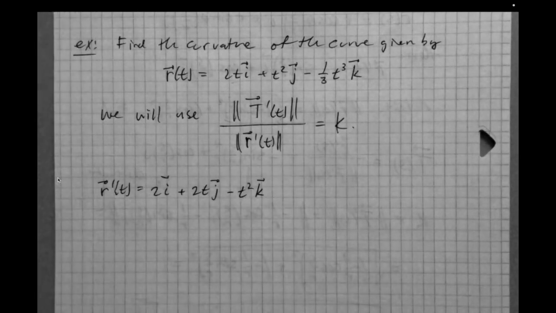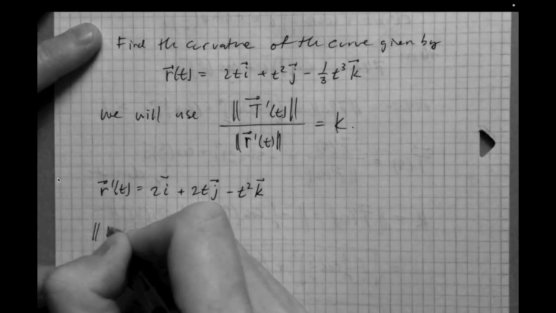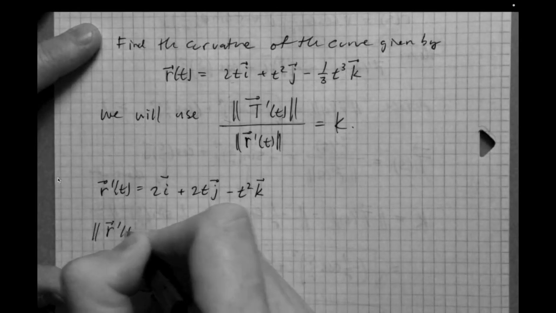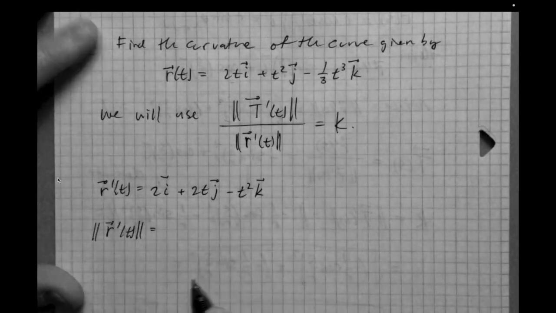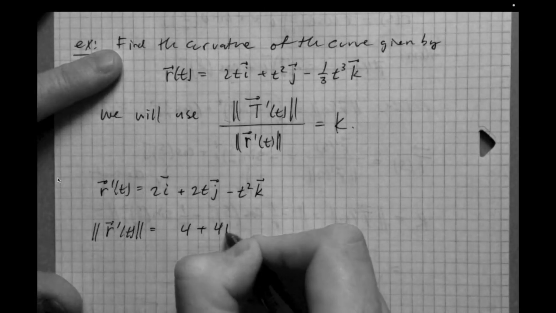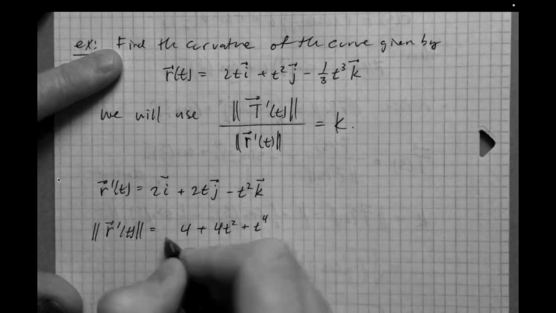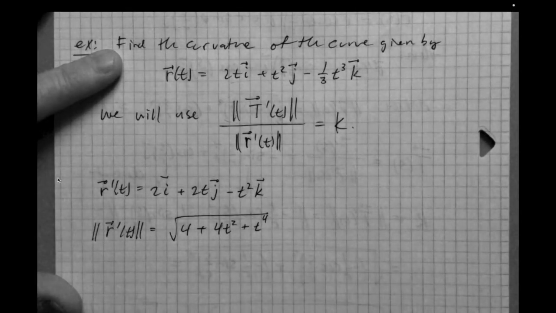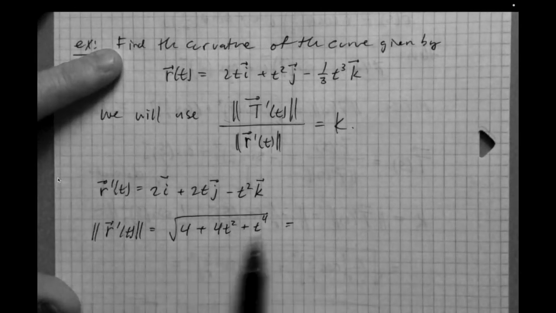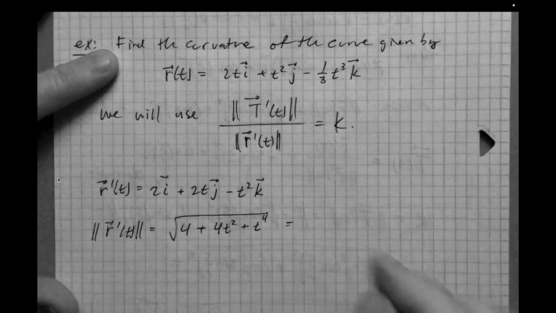All right, so that's our r prime. The norm of that is what? And here's where we'll start to introduce some complexity into the expressions. This is basically 4 plus 4t squared plus t to the 4th. If you look at this closely, you'll note that this is t squared plus 2 quantity squared.